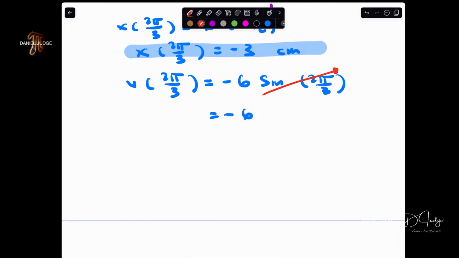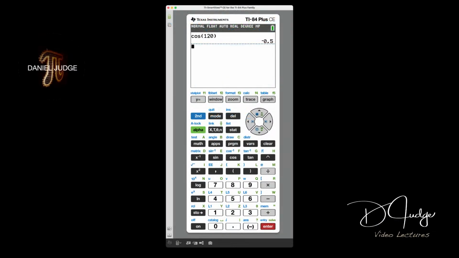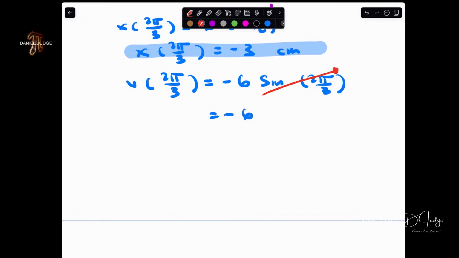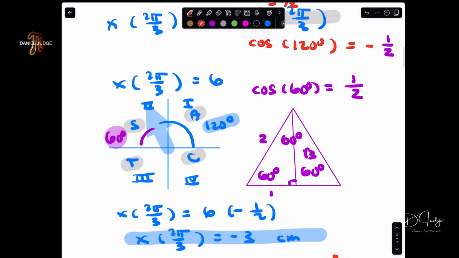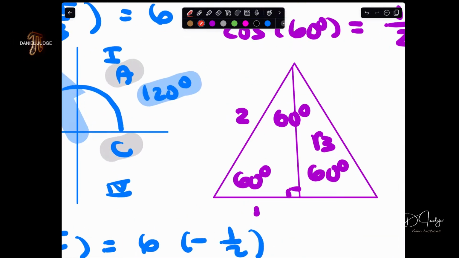Well, I guess if you said I got my calculator out, sine of 120 is this numerical value, 0.866 approximately. Okay, well, go back to your special triangle. Remember your definition of sine.